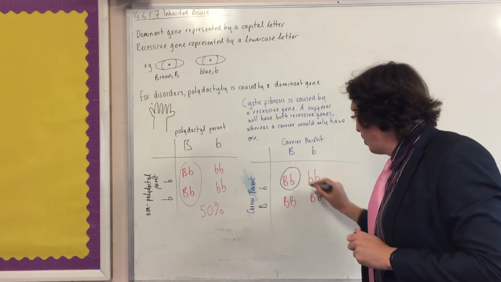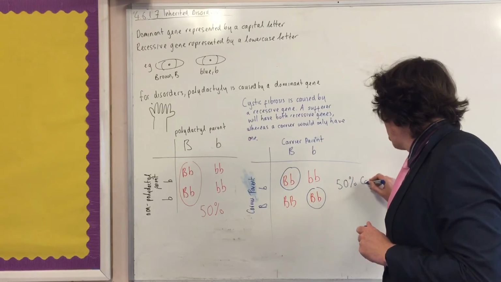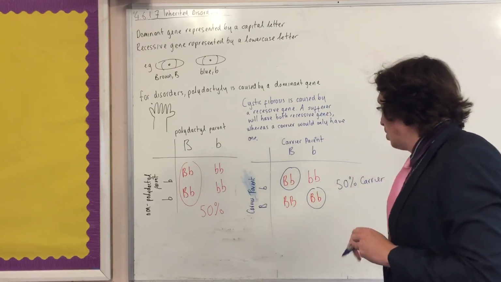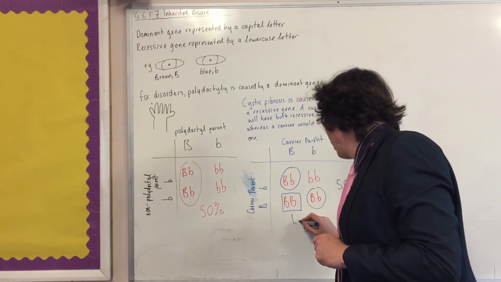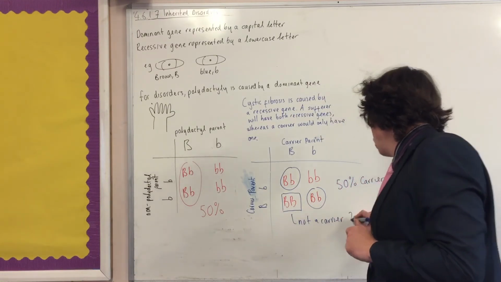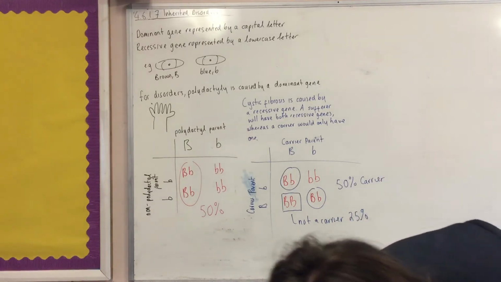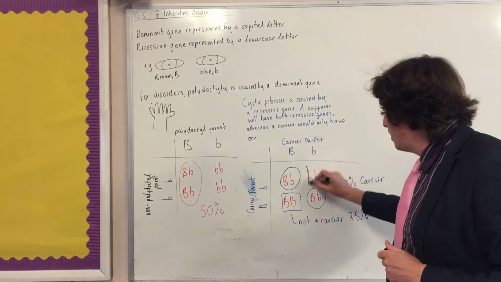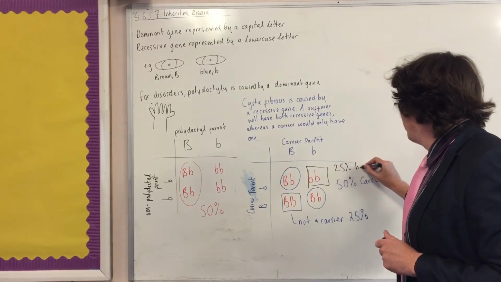Their child being a carrier is 50%. The child not being a carrier at all is a quarter, 25%. And the chance that the child has cystic fibrosis is 25%.